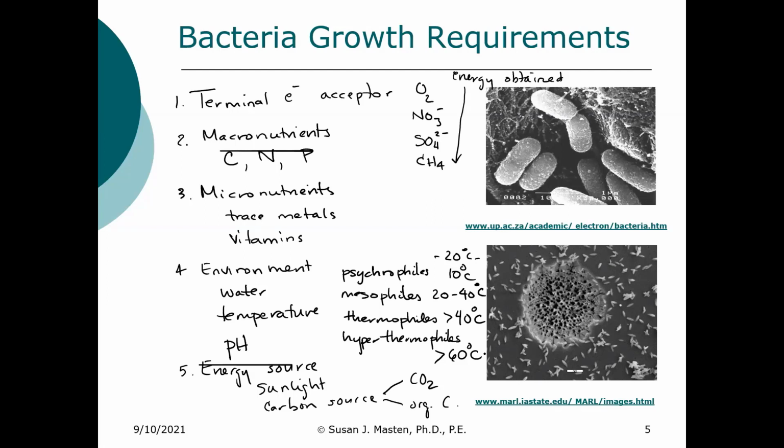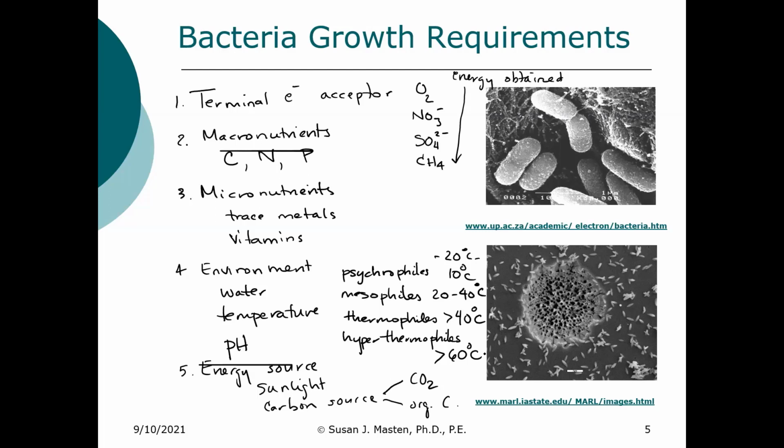The mesophiles, ranging to the thermophiles, are the ones that are most optimal in an anaerobic digester, which is heated, because we want a temperature there typically around 35 degrees C. So it's the high end of the mesophiles, the low end of the thermophiles.